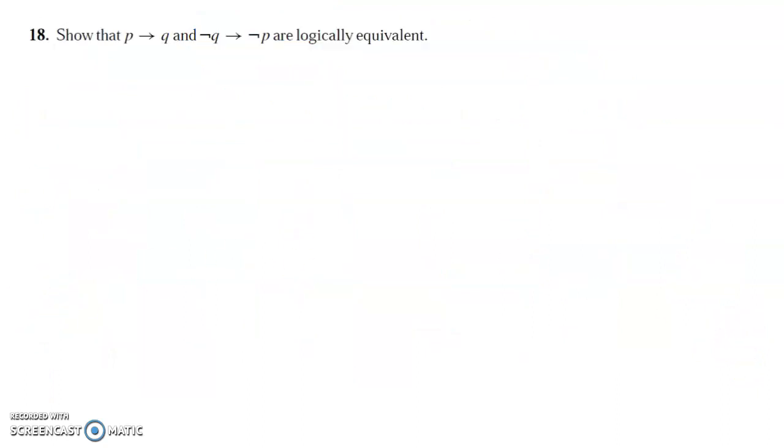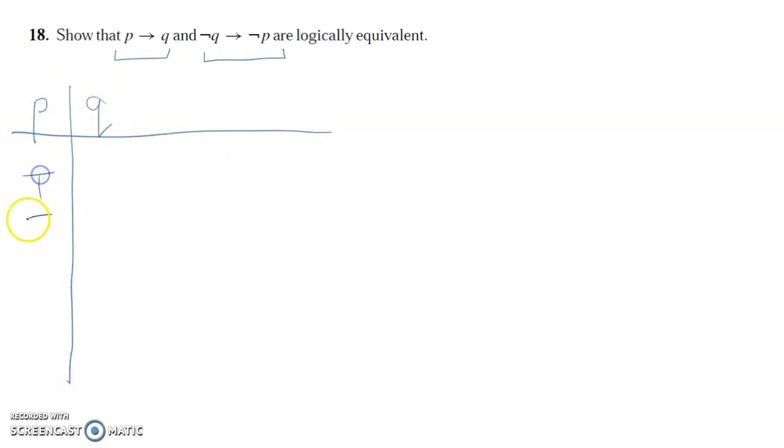Okay, I chose 18 because 18 is similar to numbers 17, 25, and 31. So let's go over how this would look. Show that the statement, if P then Q, and if not Q, then not P, are logically equivalent. Again, we're looking at P and Q, only two values, so I'm going to make a quick truth table.